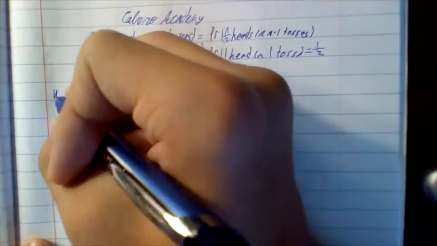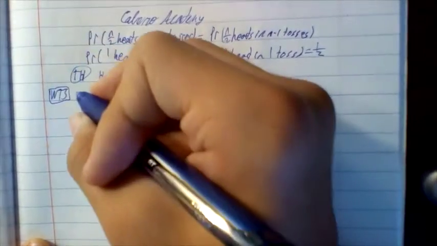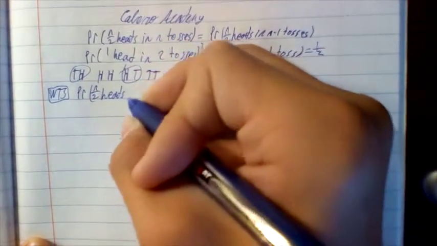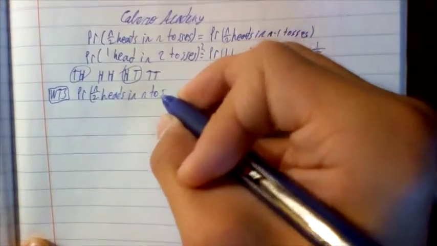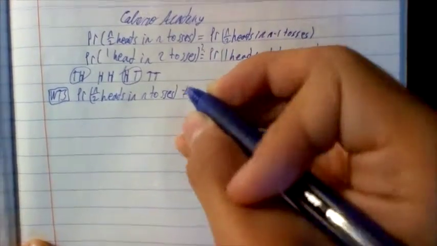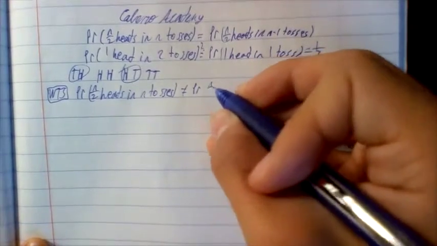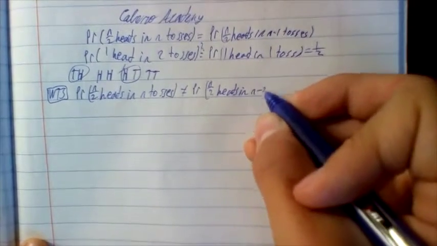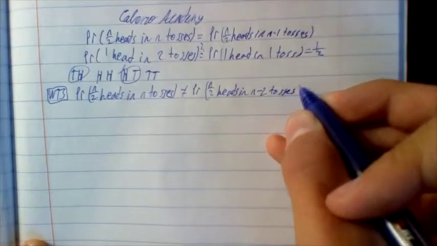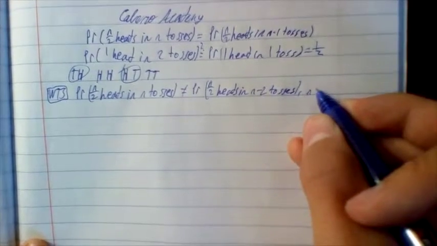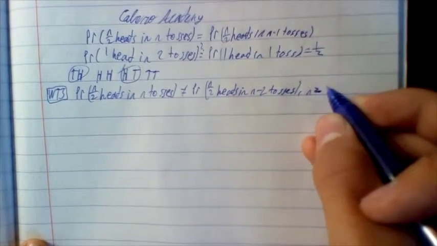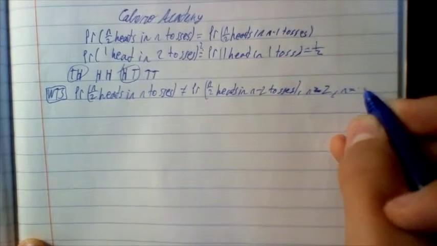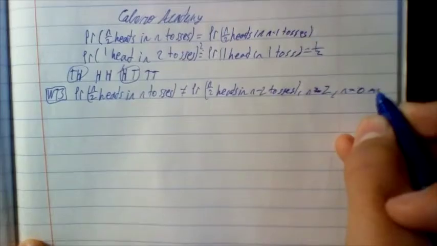What we're going to do now is prove that the probability of n on 2 heads in n tosses is never equal to the probability of n on 2 heads in n minus 2 tosses, n being greater than 2, and also n being an even number, 0 mod 2.